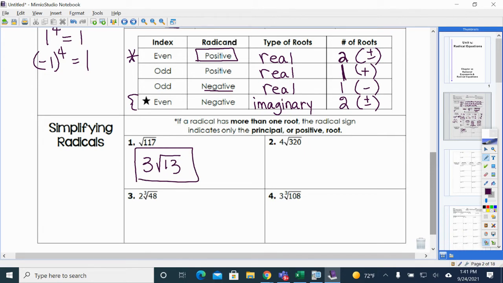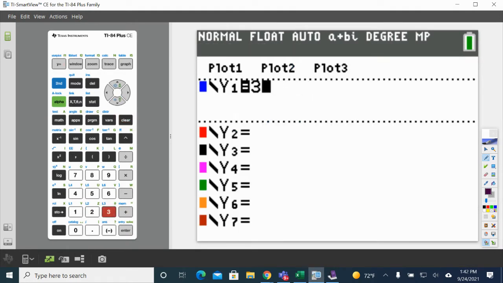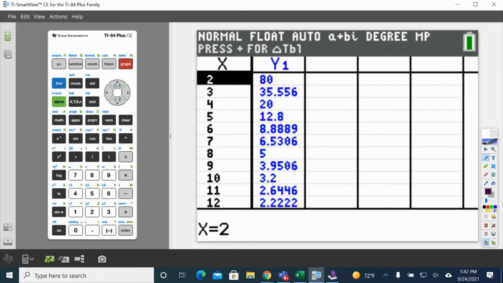Number 2, a little more complicated. There's a 4 in front. So we have to make sure we say 4 times whatever else is going to come out. Again, the understood index here is a 2. So we're still going to go to the y equal 320 divided by x squared. Go to the table.